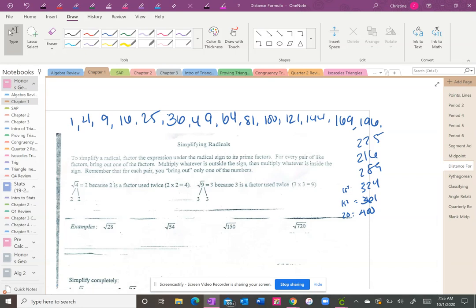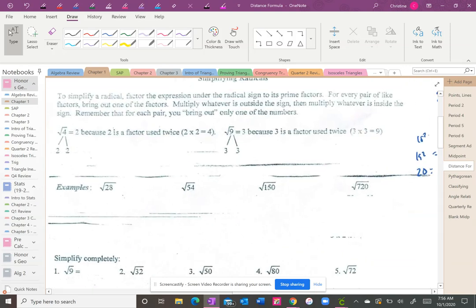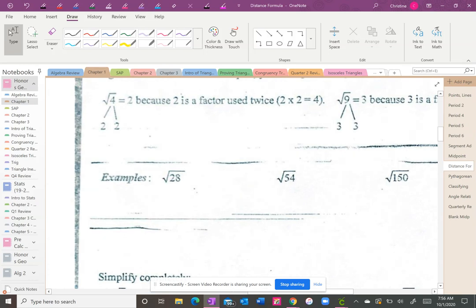You should have done this last year, and some teachers teach it a different way. So I'm going to tell you this. I'm going to do it right now the way that we are never going to do it again. The square root of 28, let's pretend this was the problem. Some teachers are going to teach you to do this. Oh, let's see, 28.